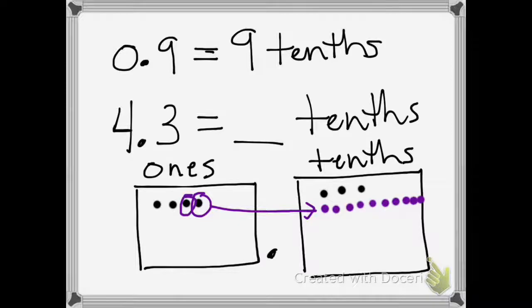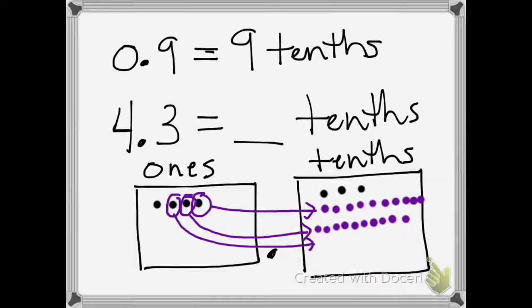And then I'll regroup this one. 1, 2, 3, 4, 5, 6, 7, 8, 9, 10. And I'll keep doing this. Regroup this one. 1, 2, 3, 4, 5, 6, 7, 8, 9, 10. And I'll regroup this one.